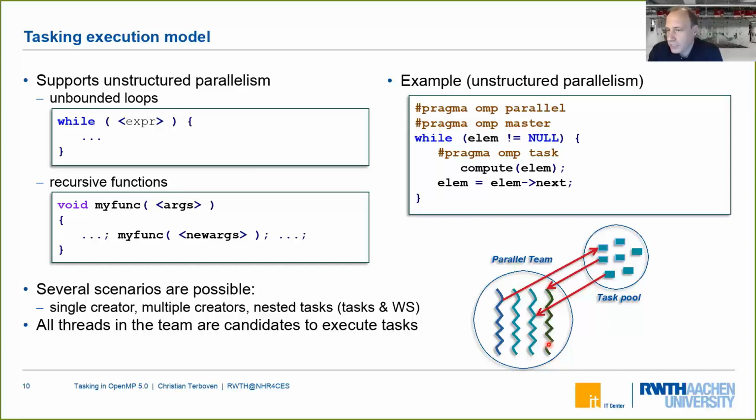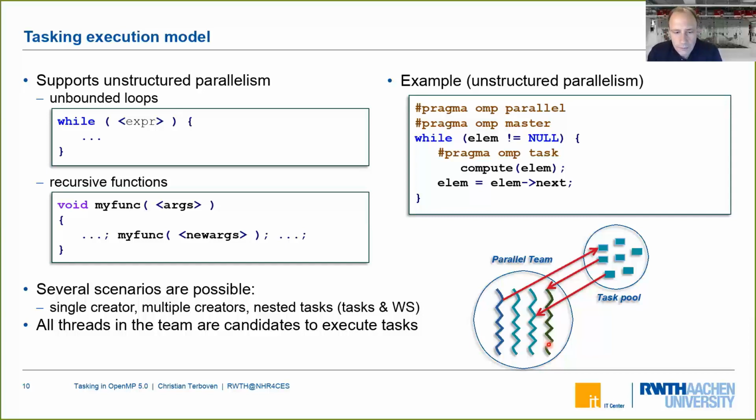It becomes obvious that this actual element, this pointer, has to be part of the task. So the environment has to be captured. That means the task is able to be executed correctly at whatever later point in time the runtime might decide to schedule it.